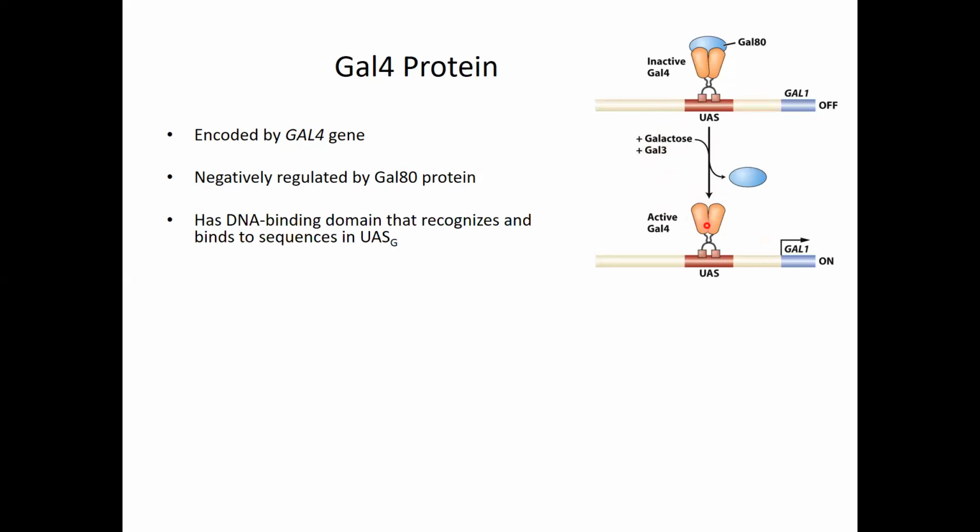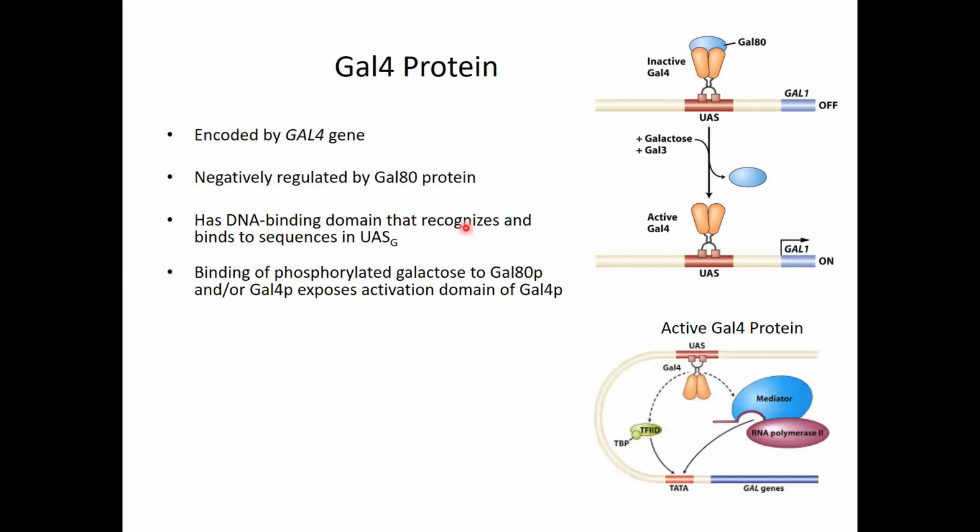So in this case, the GAL4 protein has a DNA binding domain that recognizes and binds to the UASG region. So as I said, it binds here. Binding of phosphorylated galactose to GAL80P or GAL4P exposes the activation domain of GAL4P.